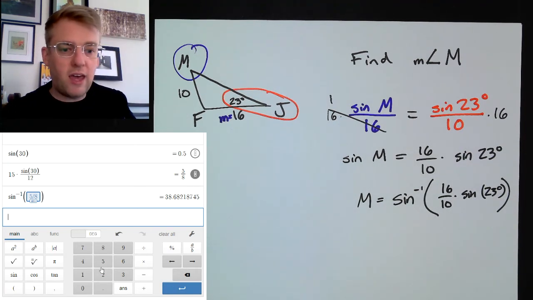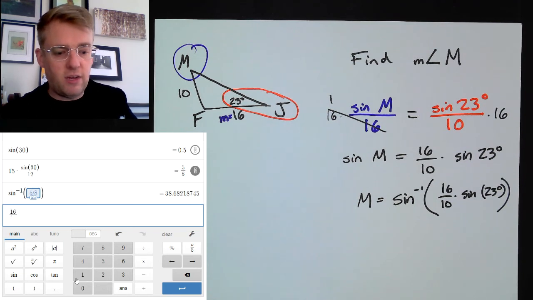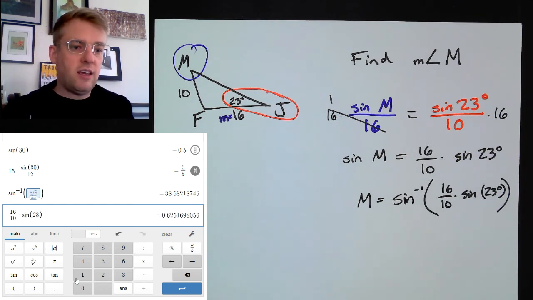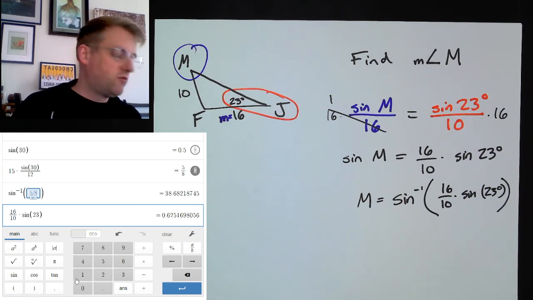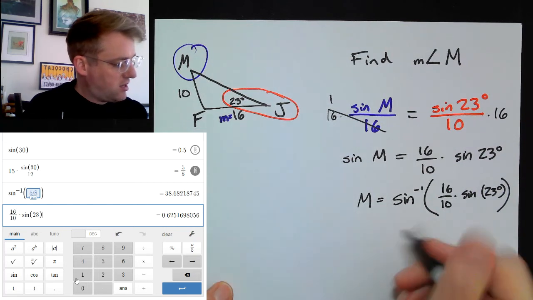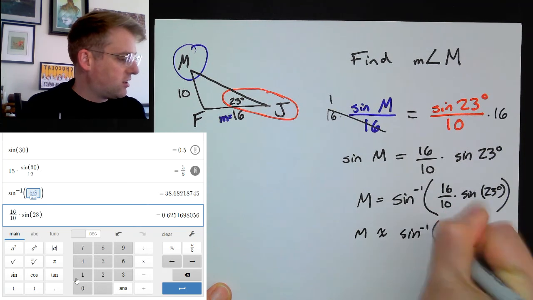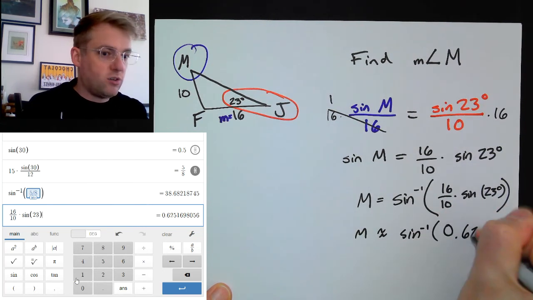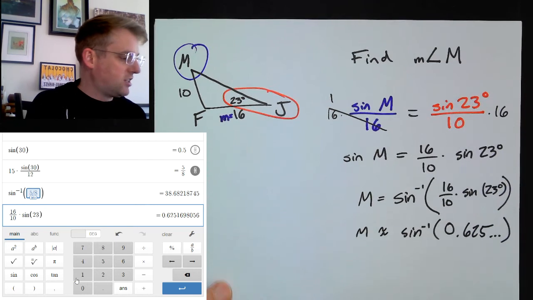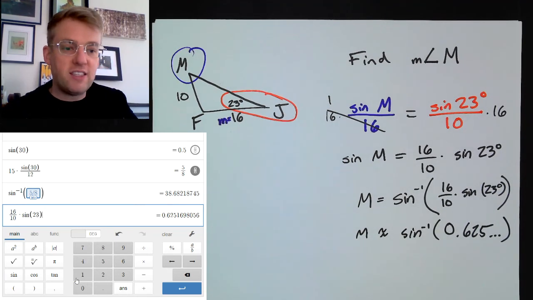So let's do that. 16 divided by 10 is going to be 1.6. We're going to multiply that by the sine of 23 degrees and get almost the same thing we got before, 0.625169, etc. So M is approximately the sine inverse of 0.625 and so on, just a little bit larger than when it came out to exactly 0.625 in the last example.